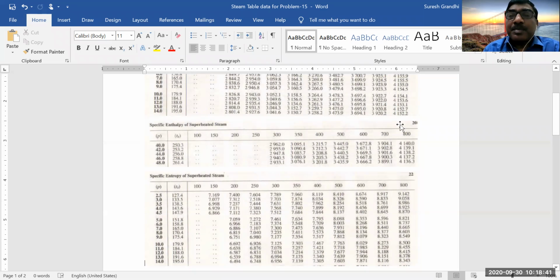In that steam table that I have shared to you, page number 20, you have the specific enthalpy of superheated steam at pressure 40 bar and temperature 350 degrees centigrade. So this is the state 1 enthalpy.